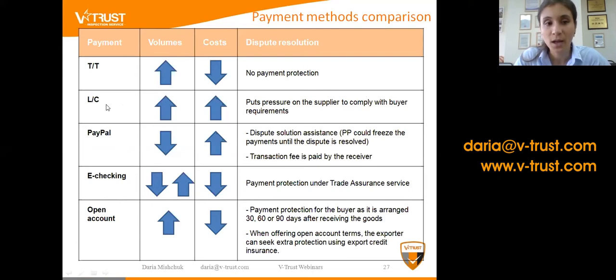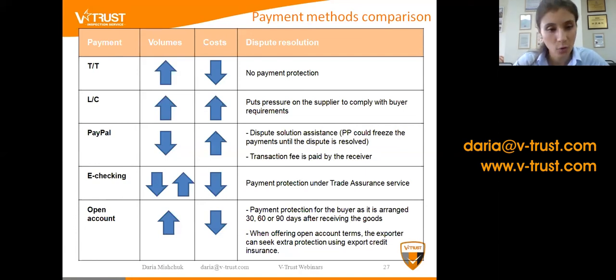For LC, volumes should again be quite high, costs are also quite high, and there is help with dispute resolution. I will not be going through this table, so if you would like to, you can take a picture of it so that you can review it a bit later.